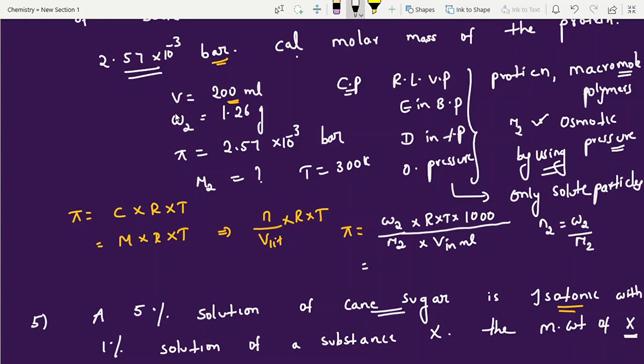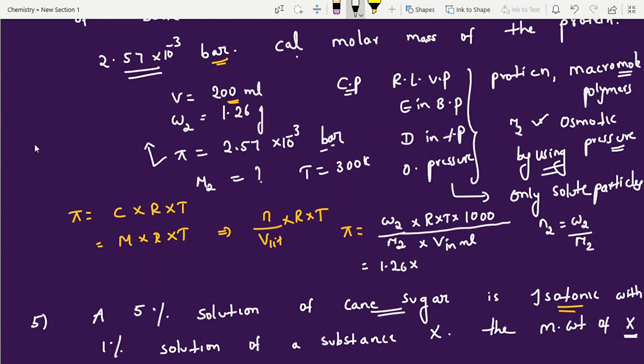You can substitute W2, how much, students? 1.26. The R value depends on pi. Here they have given pi in bar, so the R value also you have to take in bar. We take R in joules and calories also: calories 1.98, joules 8.314.